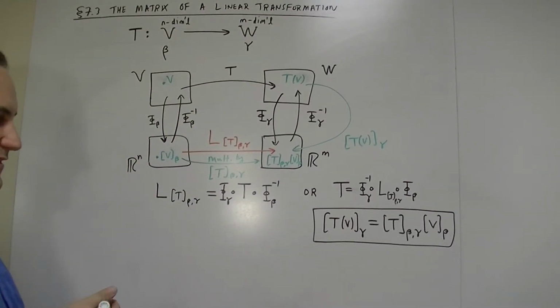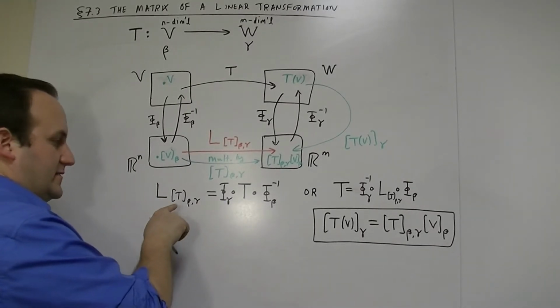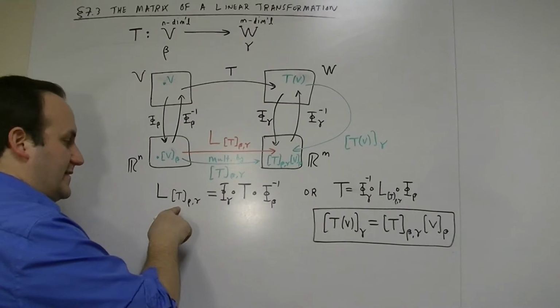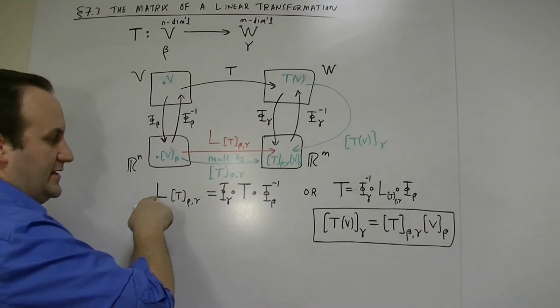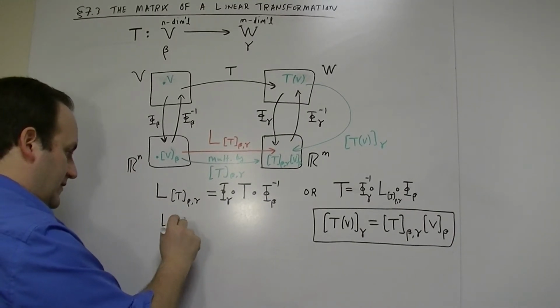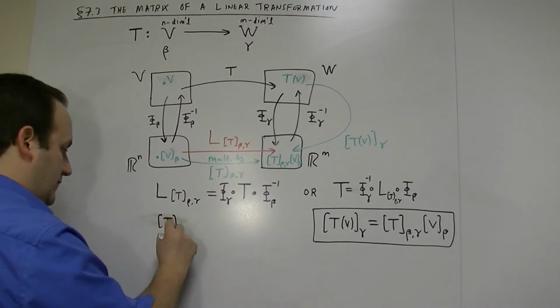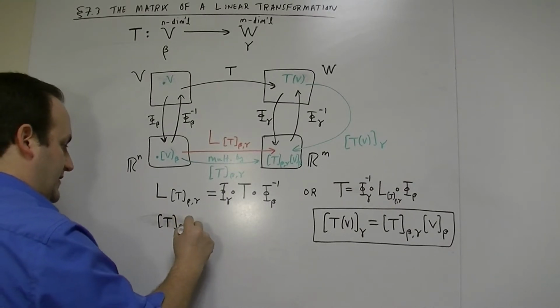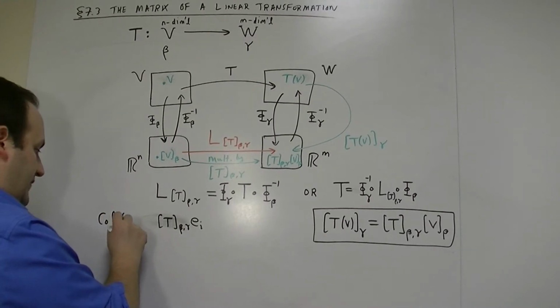Although you should be annoyed that I have, of course, not yet defined the matrix T beta gamma, except implicitly. So let's be more explicit. How do you calculate the ith column of the matrix here? Well, if we just act both sides on e_i, then T beta gamma acting on e_i, that should be the ith column of this matrix, right?